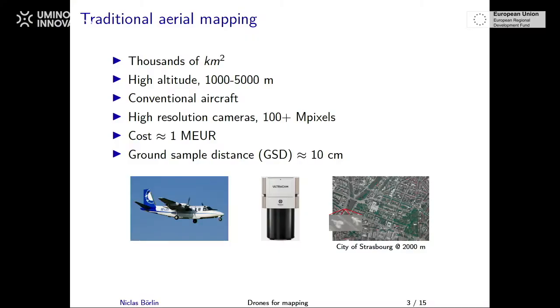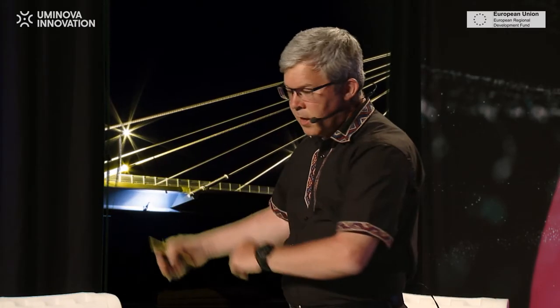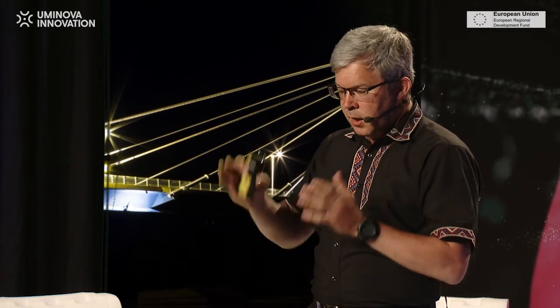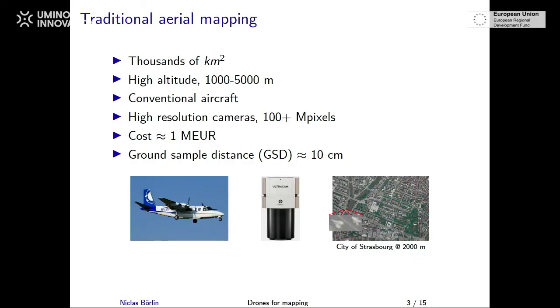This kind of mapping has traditionally been done using conventional aircraft, flying at high altitude, 1,000 meters and higher, covering areas of thousands of square kilometers. And we have an expensive aircraft, an expensive camera, high quality optics, and in the example image here, it's an aerial photo taken over the city of Strasbourg in France.